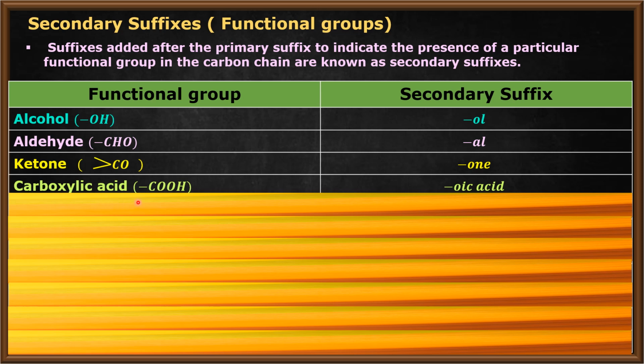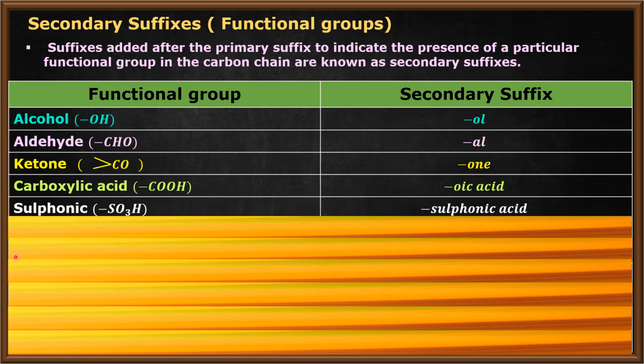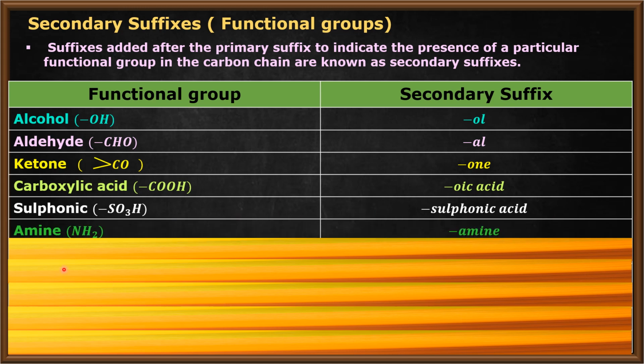Carboxylic acid, its structure is COOH, secondary suffix is oic acid. Sulfonic acid, SO3H, sulfonic acid. Amine functional group, its structure is NH2, secondary suffix is amine.